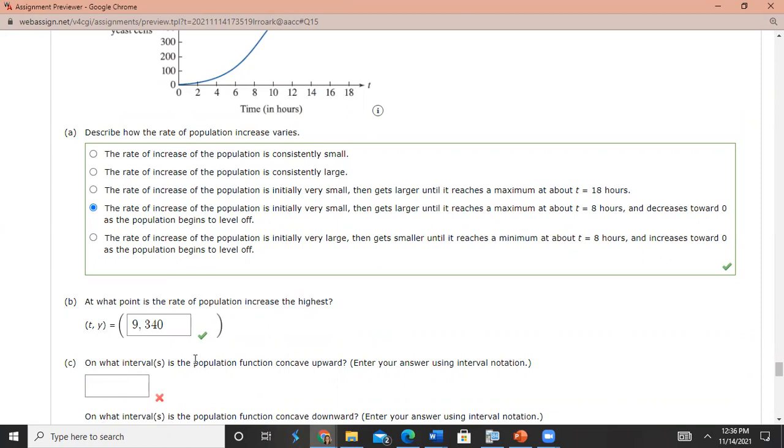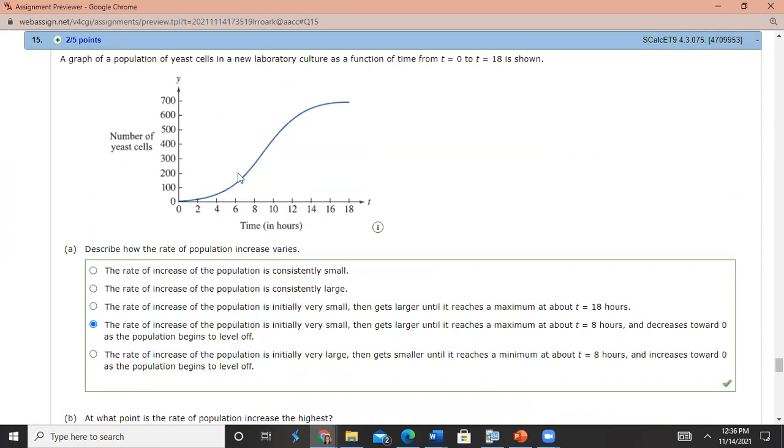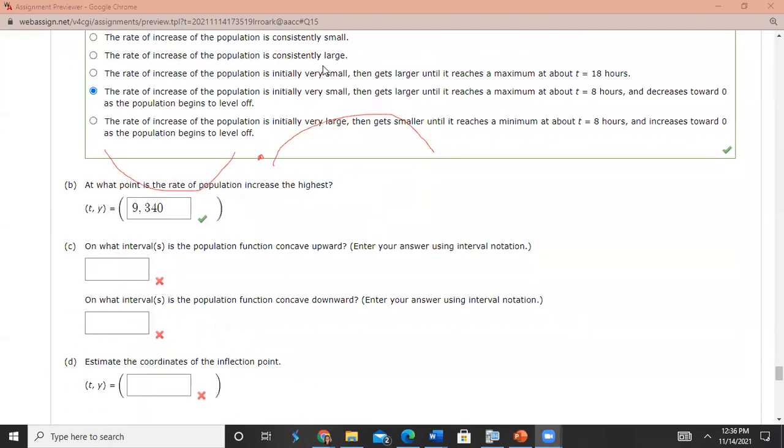On what intervals is the population concave upward? So again, they don't refer to it here. They're just asking where it's the steepest, but that is what we're going to base it off of: the fact that this is concave up, and when it gets the steepest, that's when it starts going down. That's where the concavity switches.